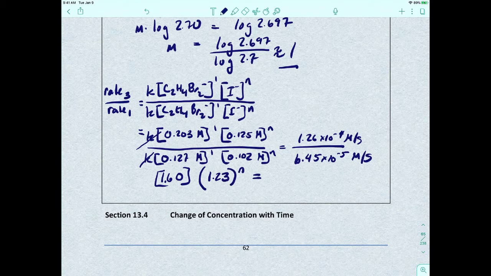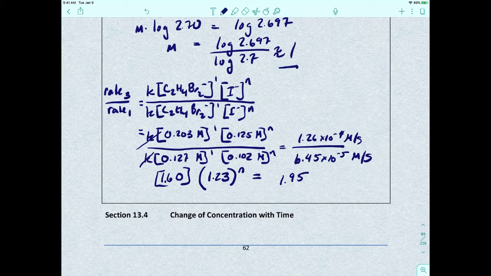That's going to be equal to, let's figure out the stuff on the right-hand side, 1.26 times 10 to the minus fourth divided by 6.45 times 10 to the minus fifth. That should give us 1.95. All right, the numbers don't quite come out to be really nice numbers.